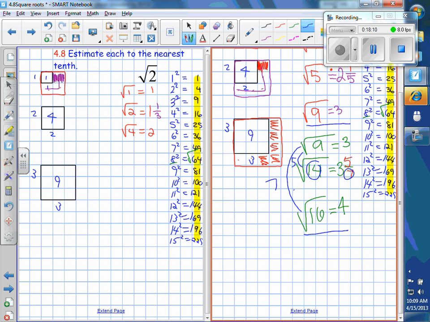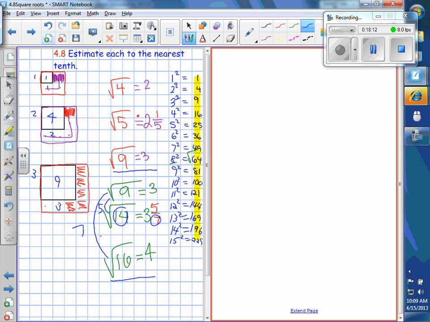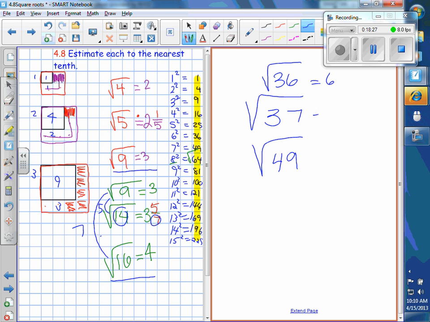So watch without a rectangle. If I want to do the square root of a bigger number, let's say 37. Okay? What's the perfect square right below it? 36. And right above it? 49. So your answer is going to be way closer to 6 than it is to 7. So I'm going to think about it.